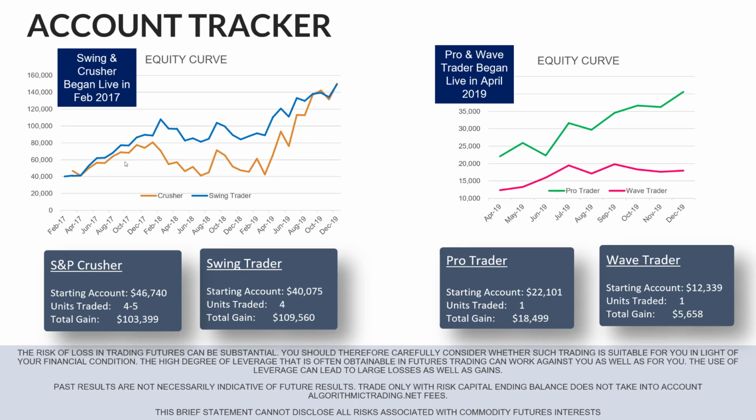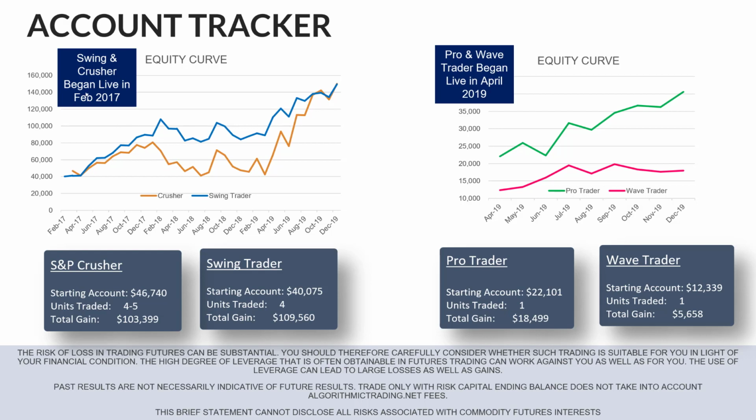But what you'll notice is the swing trader had a pretty steady climb in 2017. Then in 2018, it had a little more ups and downs, and then a steady climb in 2019. The crusher had a little more of the ups and downs, and that was because of the iron condor. In 2017, as well as the beginning of 2018, it traded the iron condor as well as the covered calls, and those took away from some of the gains that it had.